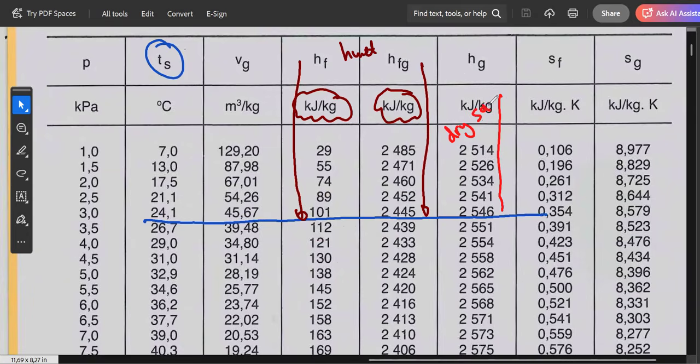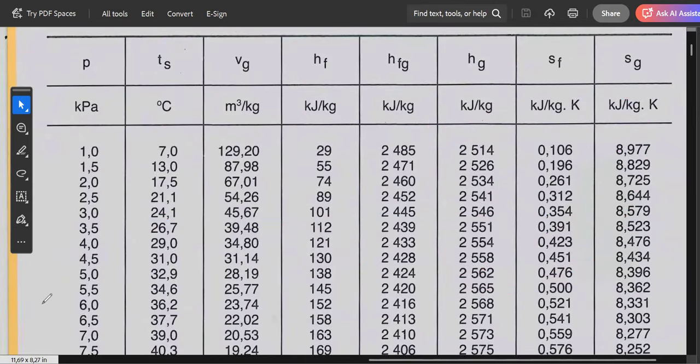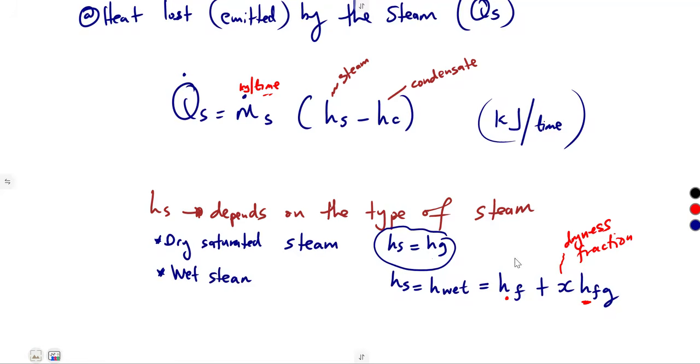Is dry saturated, you just take your answer straightforward. The value of HG is the value of your HS. Remember, I talk about HS for the steam. So that will be your HG. You just take it direct. When HS is equal to H wet, then you must take HF and what? HFG, as they are needed in our formula at the end of the day here.